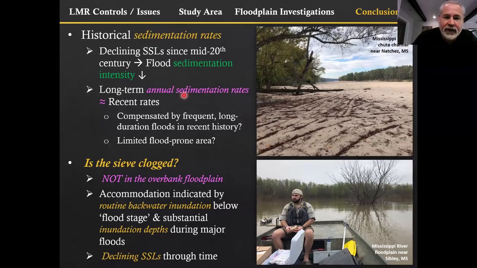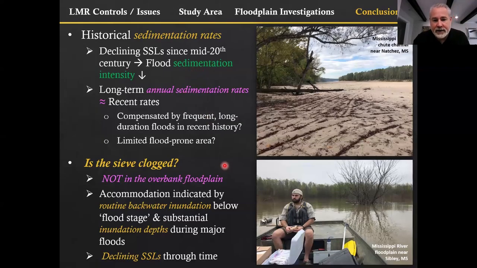Remember, these are annual sedimentation rates, whereas we end up having long duration floods that continuously supply sediments, which might be different now that we have an embanked floodplain. A more limited flood-prone area that concentrates sediment deposition could also explain why more recent rates match the long-term annual sedimentation rates despite flood sedimentation intensities declining.